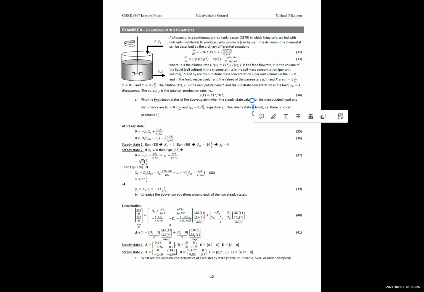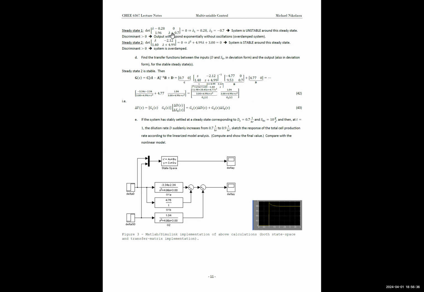So you define the steady state, you linearize approximately around it, you find the corresponding matrices A, B, C, D, and you move on to apply the eigenvalue analysis. You find the eigenvalues, and you find that this is an unstable system around that steady state. You find the corresponding transfer matrix.